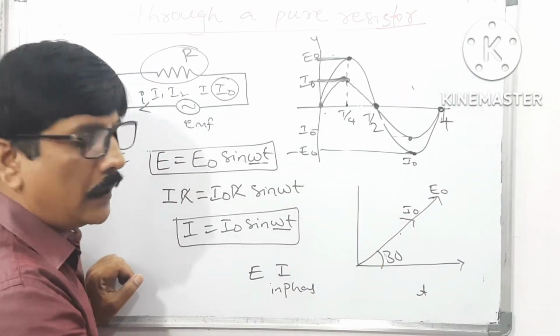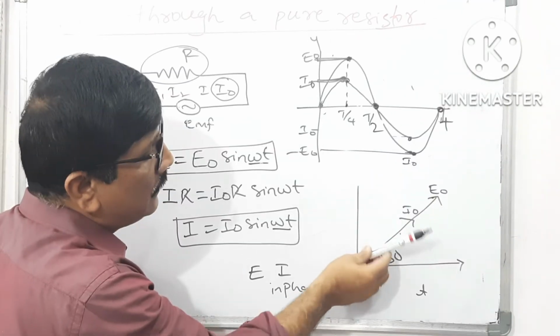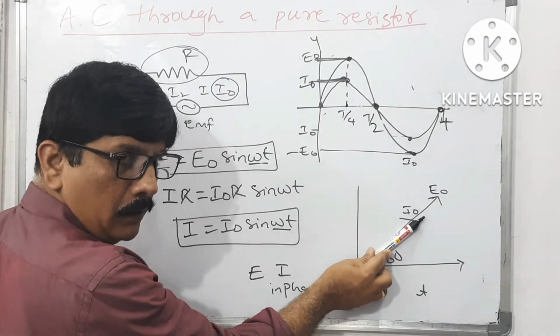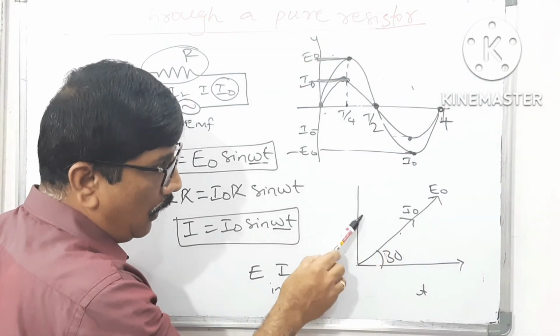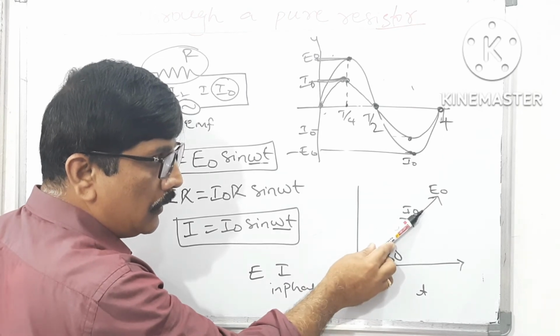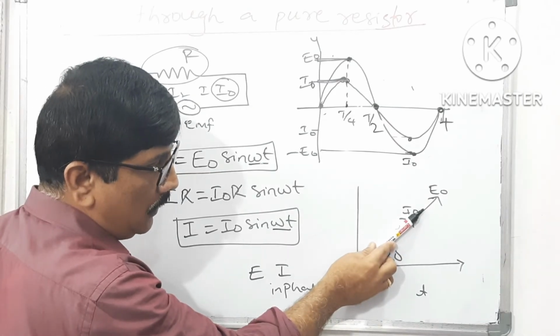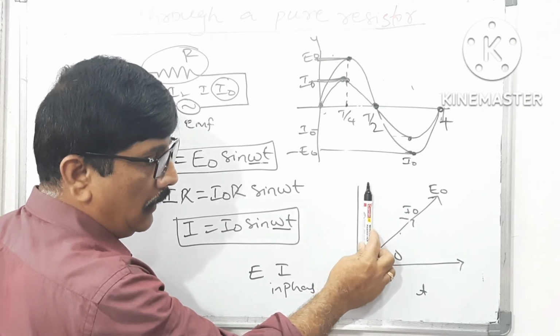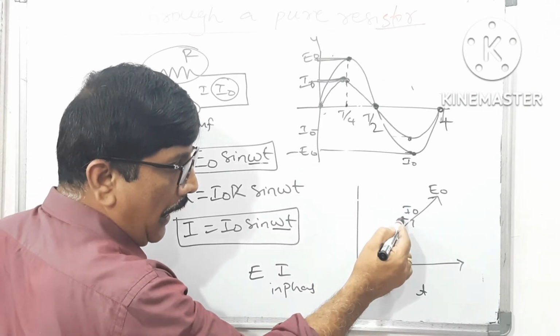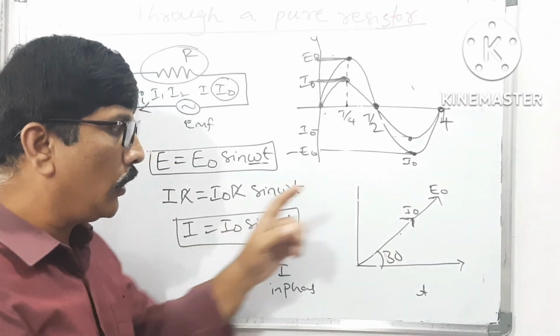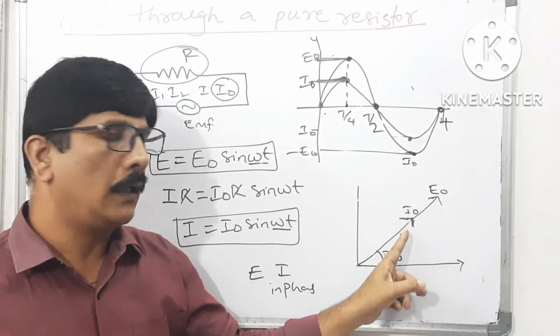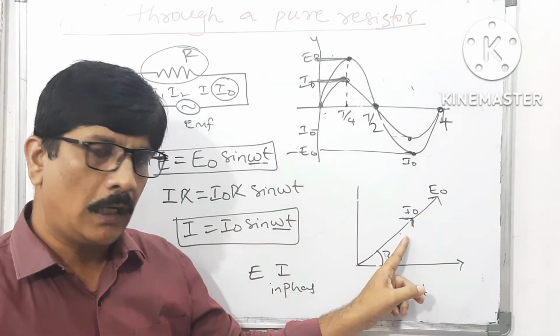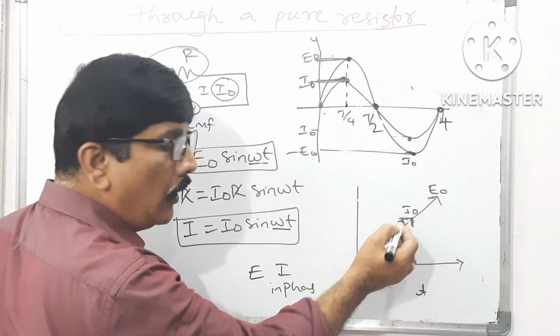This is called a phasor diagram. A phasor is a straight line, an arrow, which shows the gradual increase in the electromotive force. It always rotates in the anti-clockwise direction. When the electromotive force is maximum, the current is also maximum. That means these phasors are coinciding.